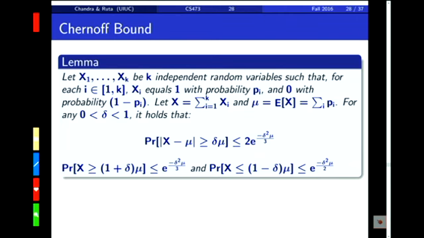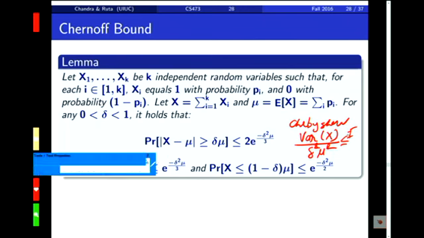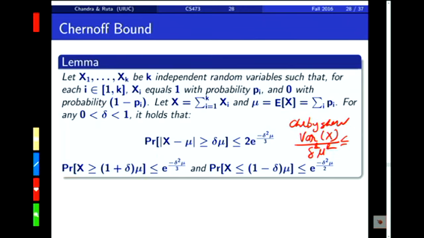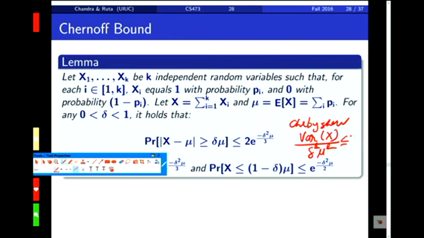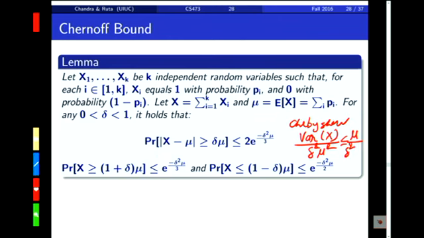So for delta mu, it will be variance of X. For Chebyshev, I'll be getting variance of X divided by delta square mu square. And let's say I know that the variance is at most the expectation, mu, so one mu cancels. So 1 over delta square mu.